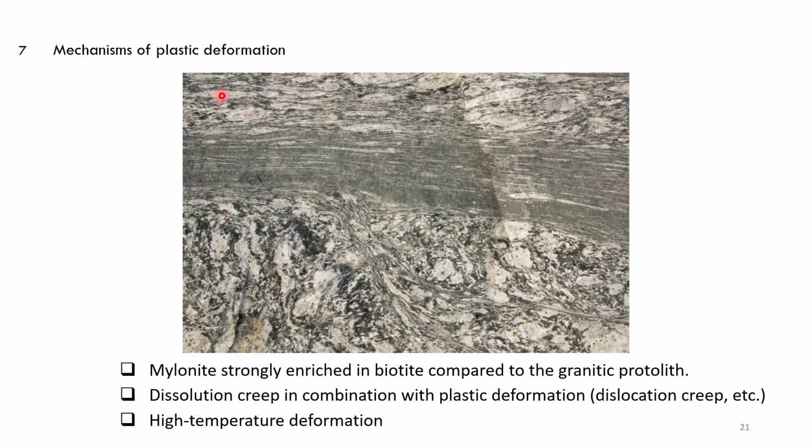We see strongly stretched out alkali feldspar phenocrysts that form these lenses and are well aligned into a foliation plane. We also can see that the rock starts to develop a very pronounced foliation, indicated by aligned mica and aligned feldspar lenses.